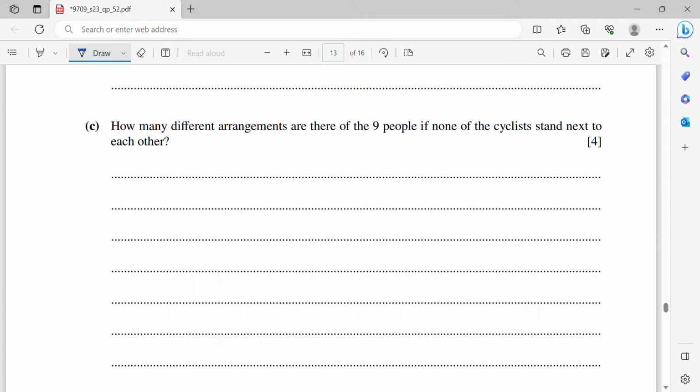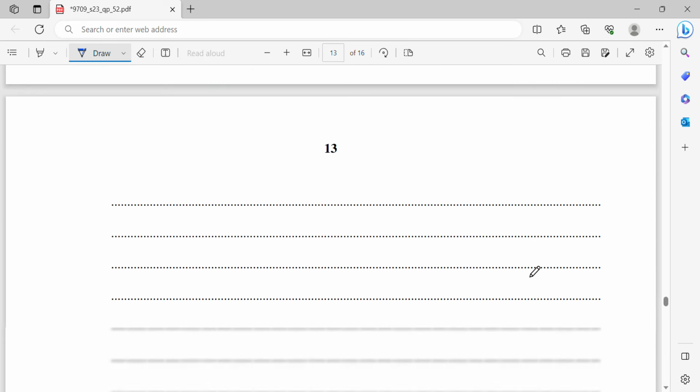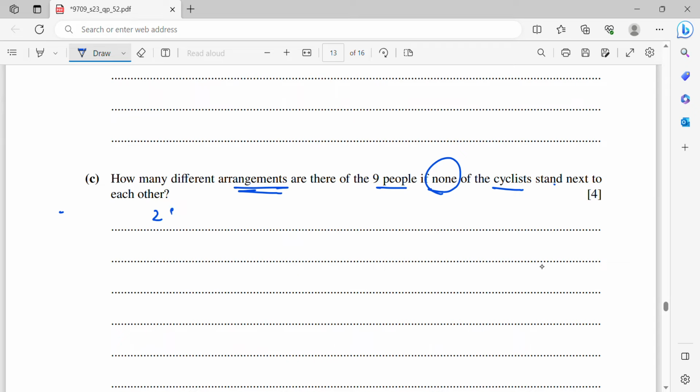Now see, find how many different arrangements are there of the 9 people if none of the cyclists stand next to each other. Means that the cyclists must be separated. So now I have 2S, 3C, 4R. If the cyclists are separated, I will have to arrange the swimmers and the runners first.